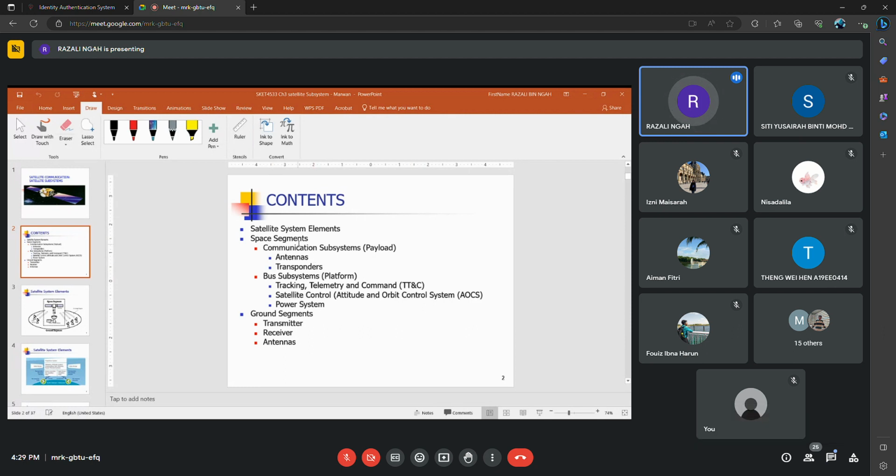It's related to two main subsystems. One we call the communication subsystem. The communication subsystem is any device or equipment related to the information that we transmit to the satellite, and that the satellite needs to transmit back to the ground. For example, the antenna. Of course we need an antenna to receive and retransmit the signal.